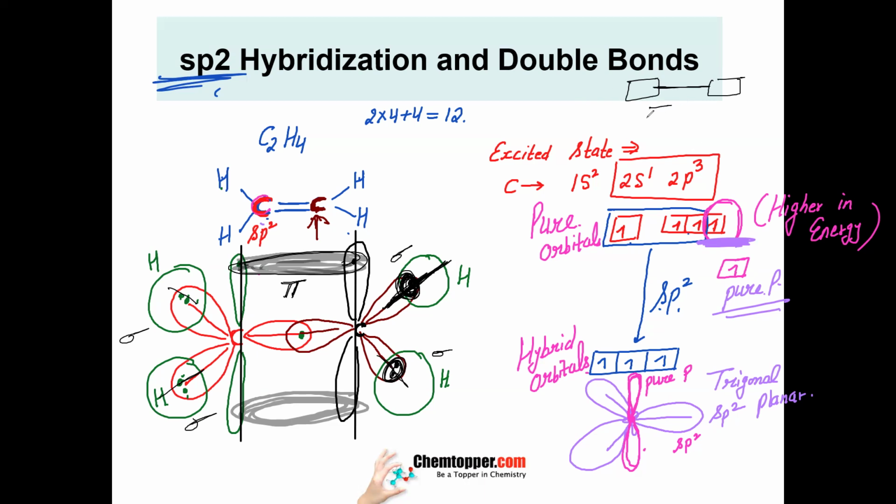But if one car is going like this and the other car is just touching it from the side, this kind of accident is not so severe because this overlapping is not so effective. Exactly in the same way, the sideways overlapping is not very effective, it's weaker. But on-the-axis overlapping is very strong. So sigma bonds are stronger than pi bonds.